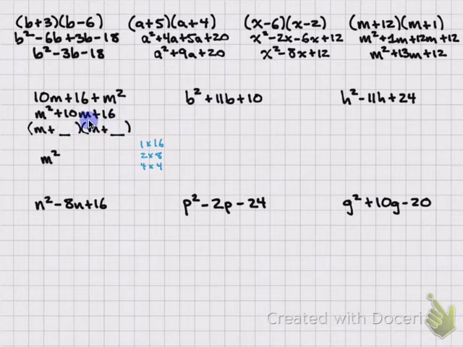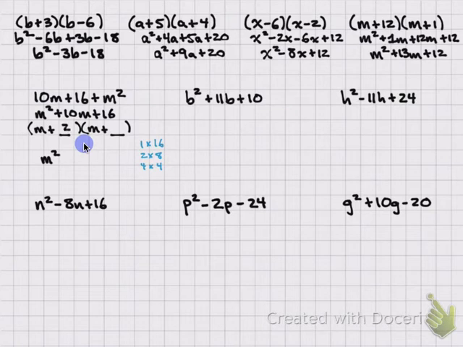And we need that to equal 10m. So these two numbers must add up to 10 and they must multiply to 16. And when I look over here, do I see any numbers that multiply to 16 and add to 10? Absolutely. 2 and 8.